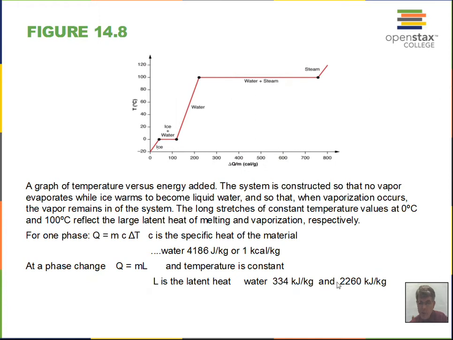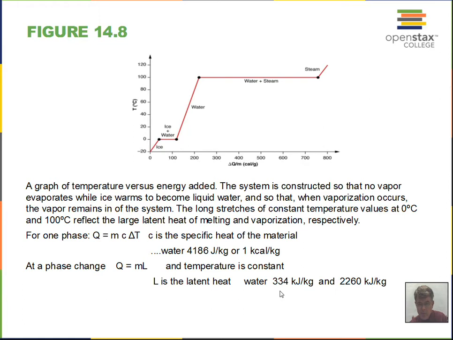If we're going to change the water into a vapor, to steam, it takes 2,260 kilojoules per kilogram. So if you take a look at that, a factor of 1,000 is kilo. That's 2,260,000 joules per kilogram. It takes a lot more energy to go into the steam phase from water than to go into the liquid phase from a solid.